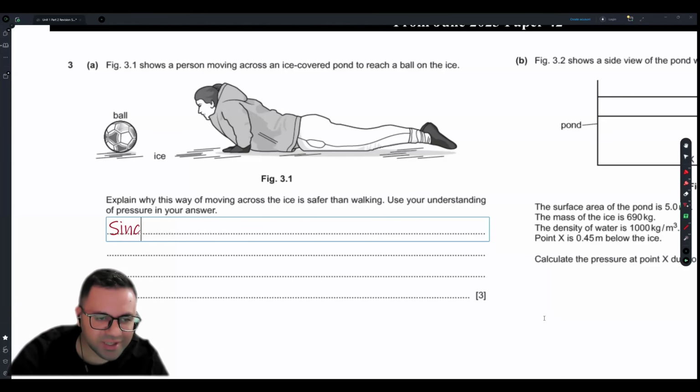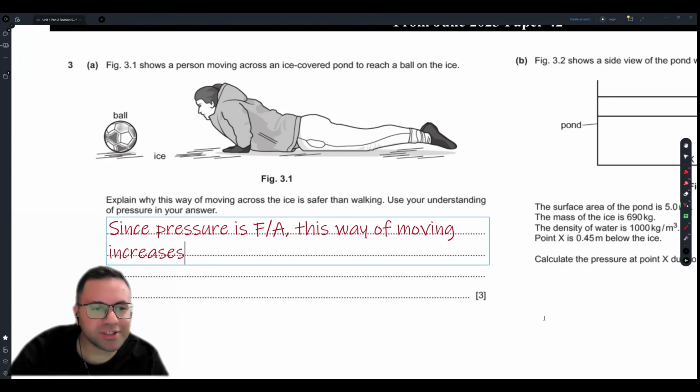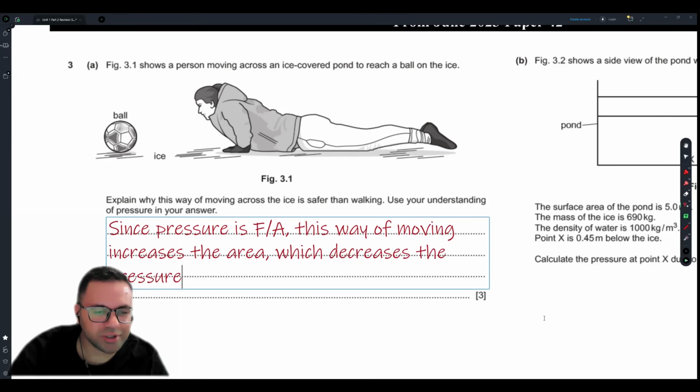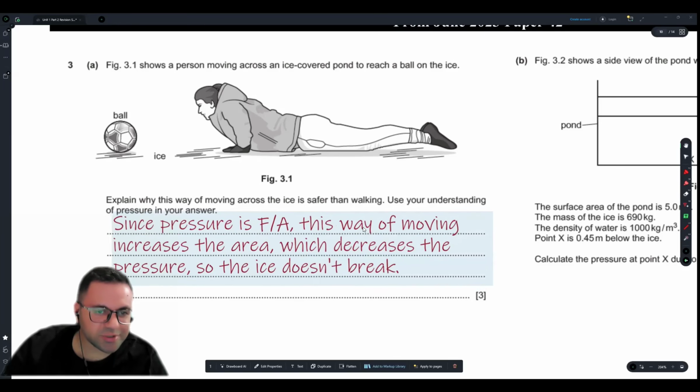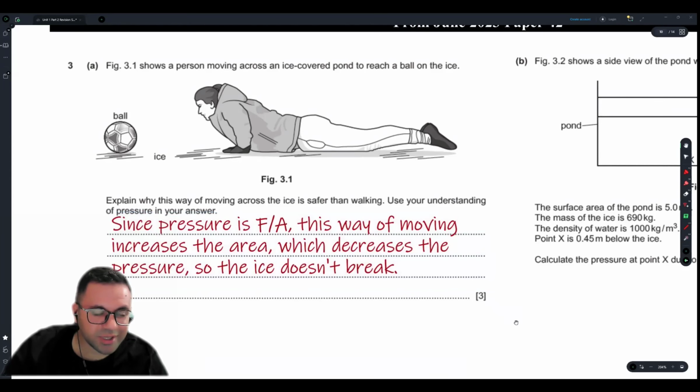So we'll say, since pressure is force over area, this way of moving increases the area, which decreases the pressure, so the ice doesn't break. You have to mention the rule. Him asking you for your understanding of pressure is what's the rule? And then explain the basic concepts, the two things. So it's like, oh, area is larger, so pressure has decreased.